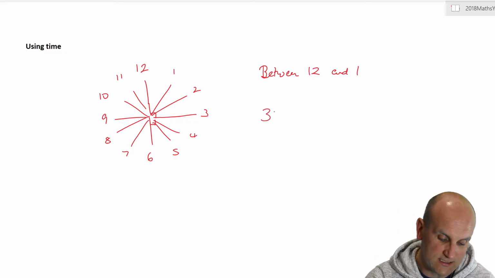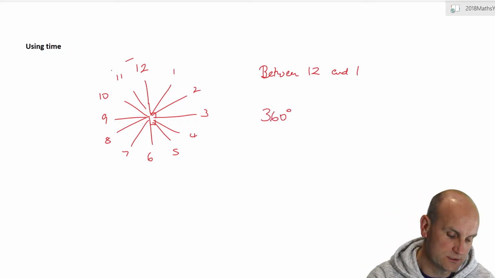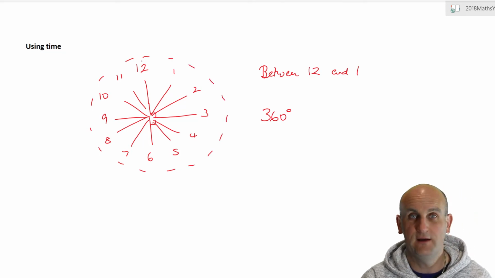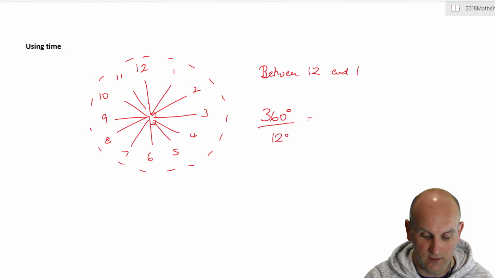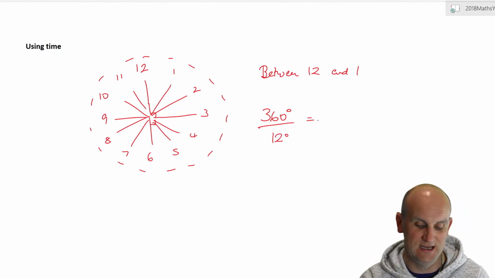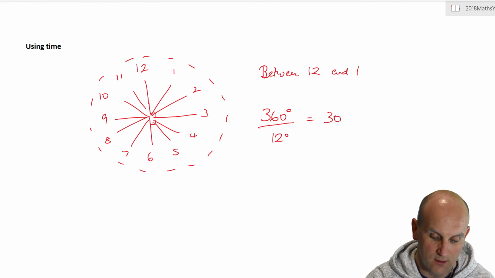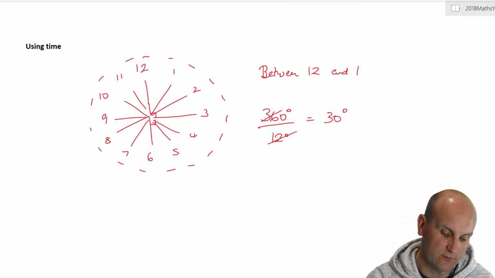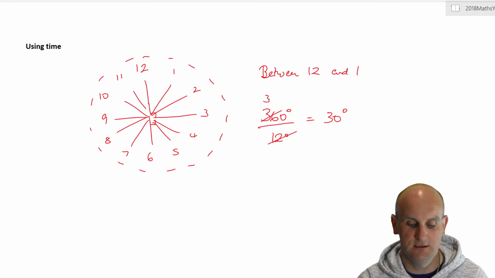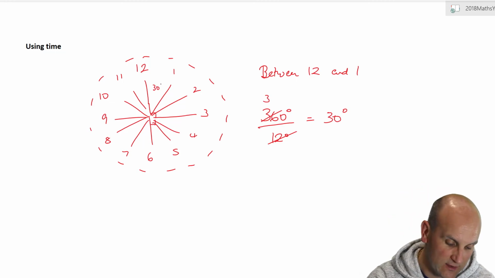There are 360 degrees in one whole circle, so we know there's 360 degrees around there, and we now have 12 equal slices. So if I divide that by 12, then I know that the angle between each part is 30 degrees. Yeah, so 12s into 36 go 12, 24, 36, so that's 30 degrees. So I now know each of these little angles here is worth 30 degrees.